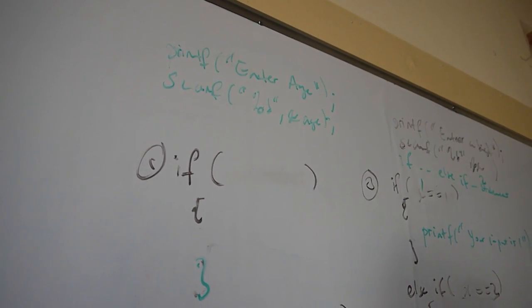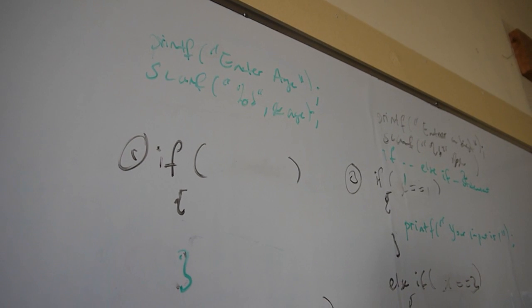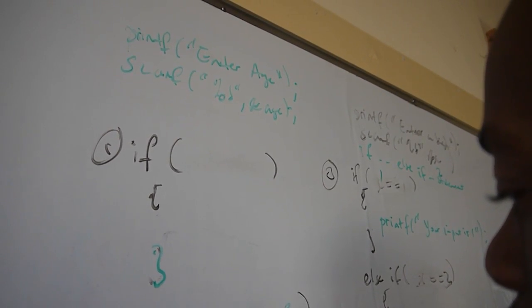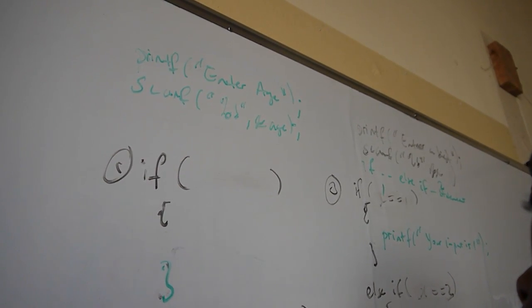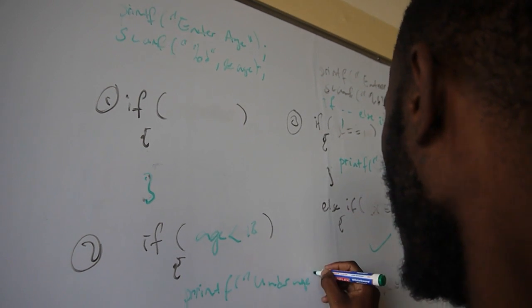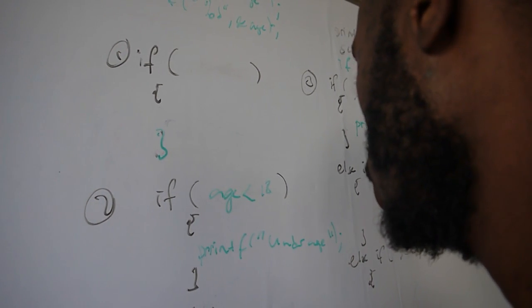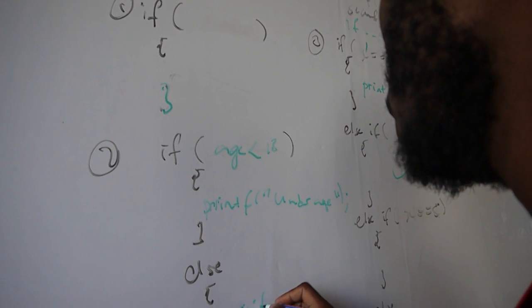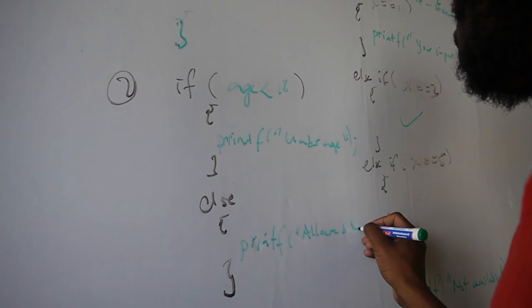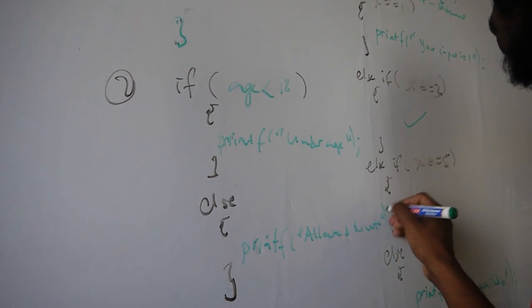If age is less than 18, printf under age, else print allowed to vote.